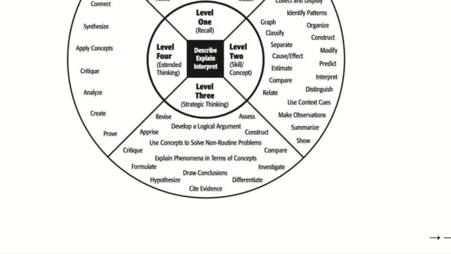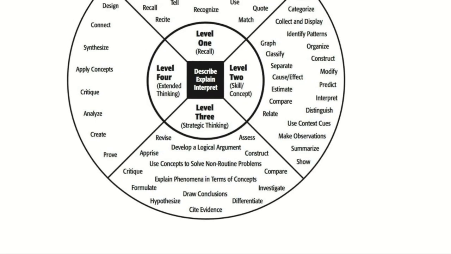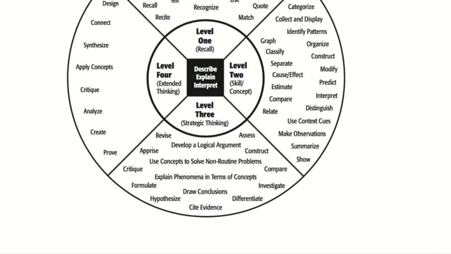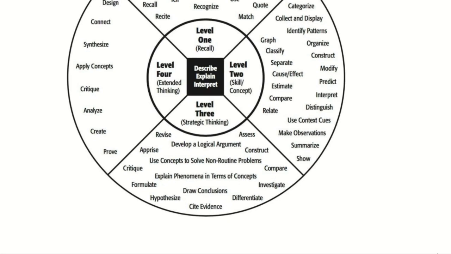And then a logical argument is always at play, right? You need to have a logical sense of how you're presenting things. So these two, the level 3 and level 4, I think are very great lanes to go down. And in particular, asking to analyze, asking to connect, asking to prove or critique are very powerful verbs.